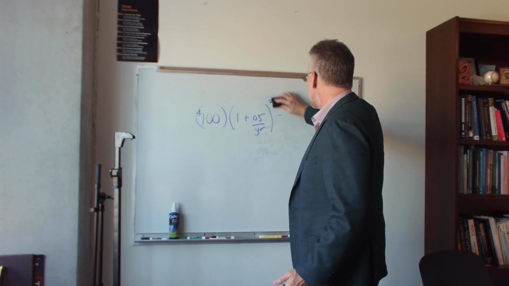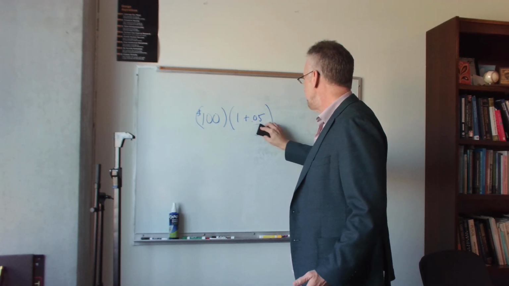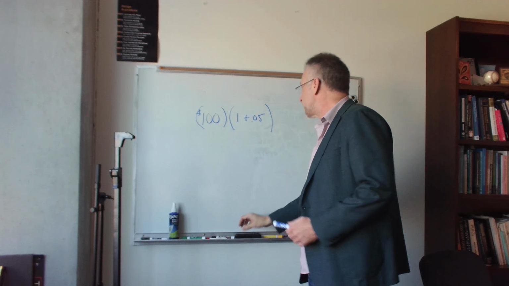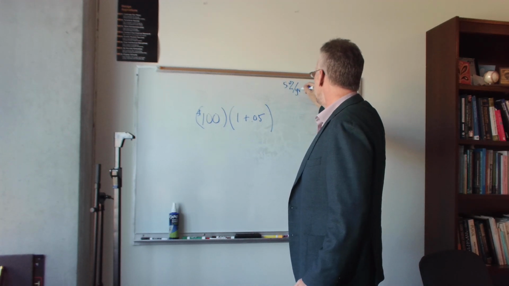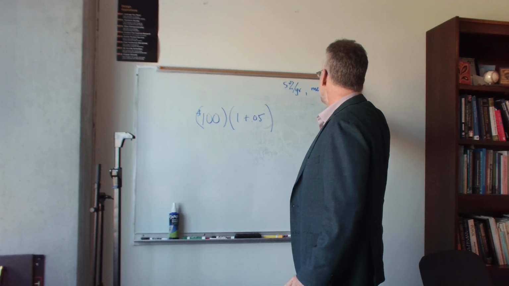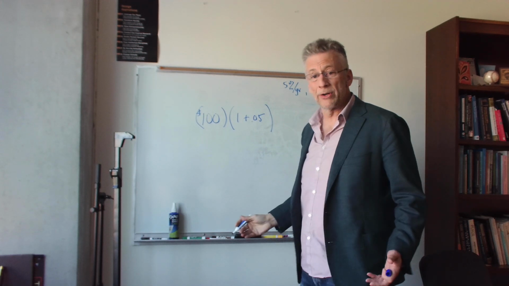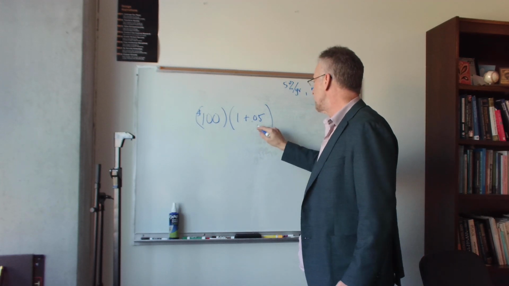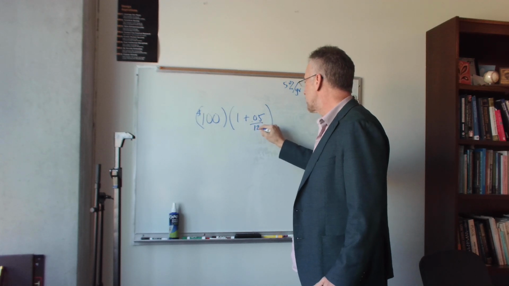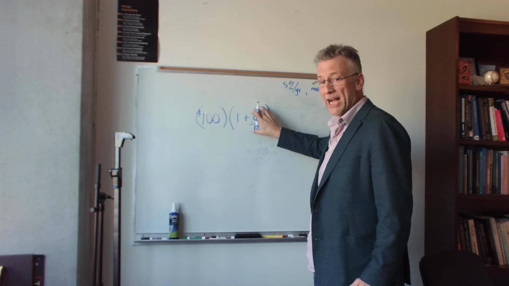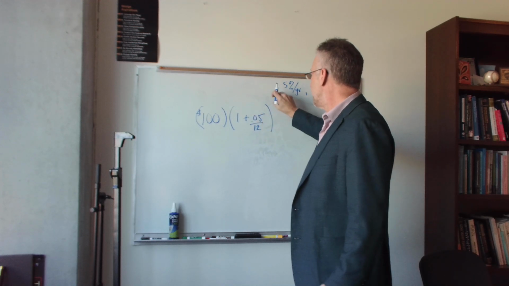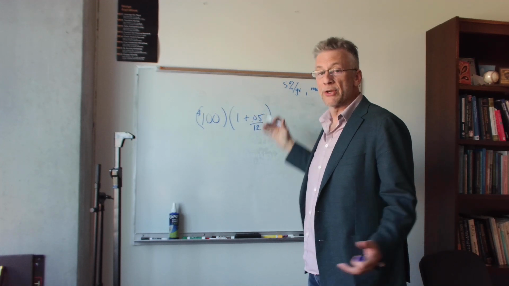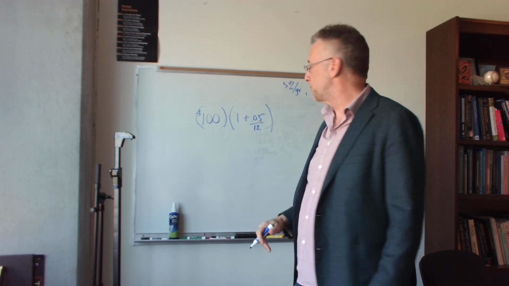And it gets pretty interesting when the interest rate is compounded more often than yearly. 5% per year, compounded monthly, requires an adjustment in our calculations. The monthly interest rate, that is the unit of time inside this bracket, must match the unit of time we used to compute the number of compounding periods.